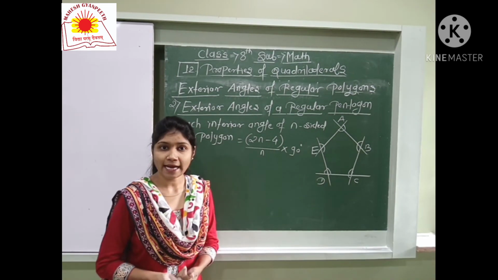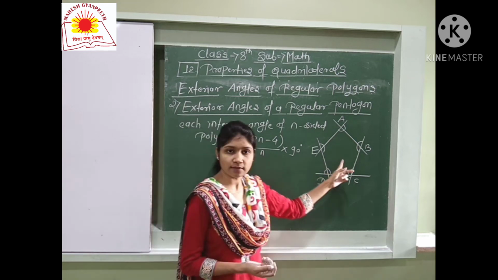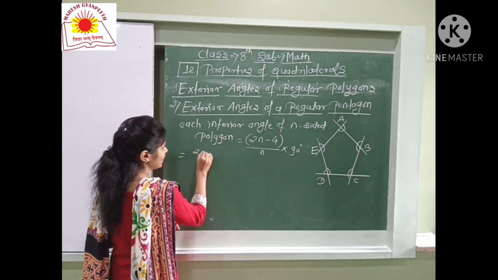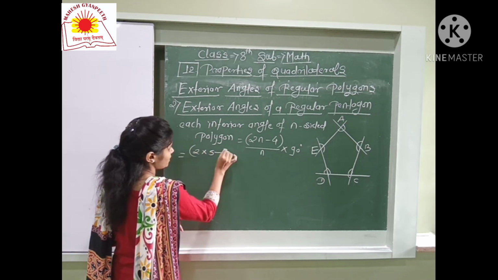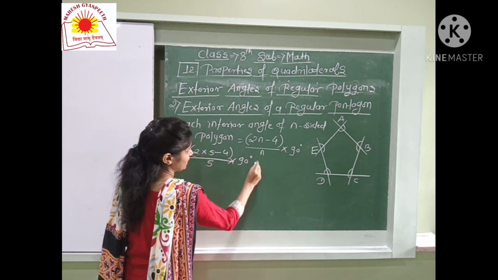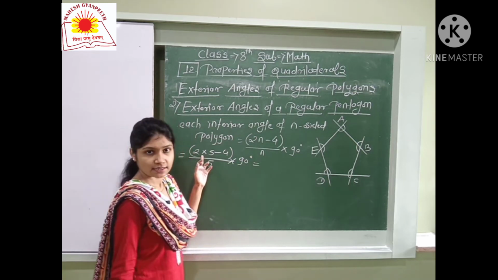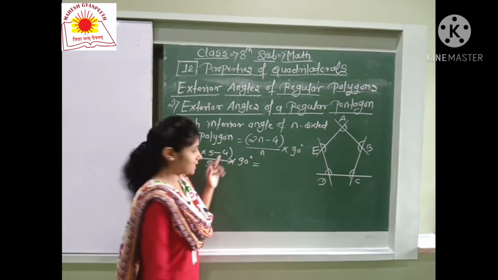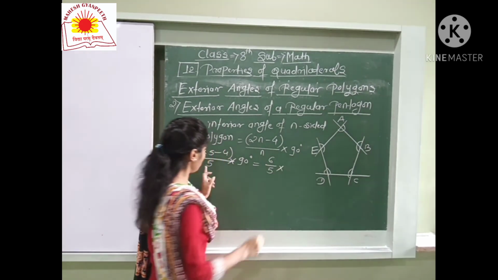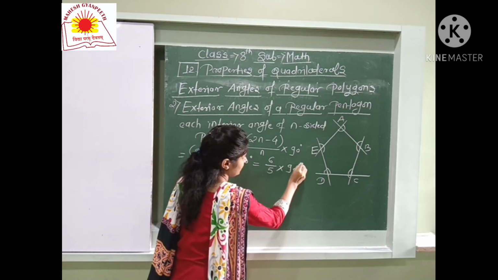What is the value of n? n is the number of sides of the pentagon, which is 5. So we have to put 5 here. 2 multiplied by 5 minus 4, upon 5, multiplied by 90 degree is equal to how much? 2 fives are 10. 10 minus 4 is 6 upon 5. I directly write here 6 upon 5 multiplied by 90 degree.